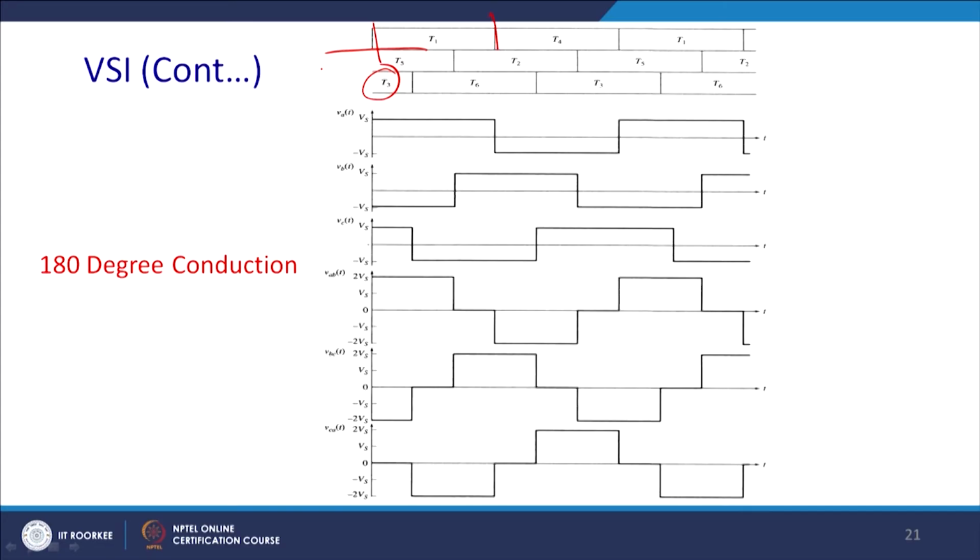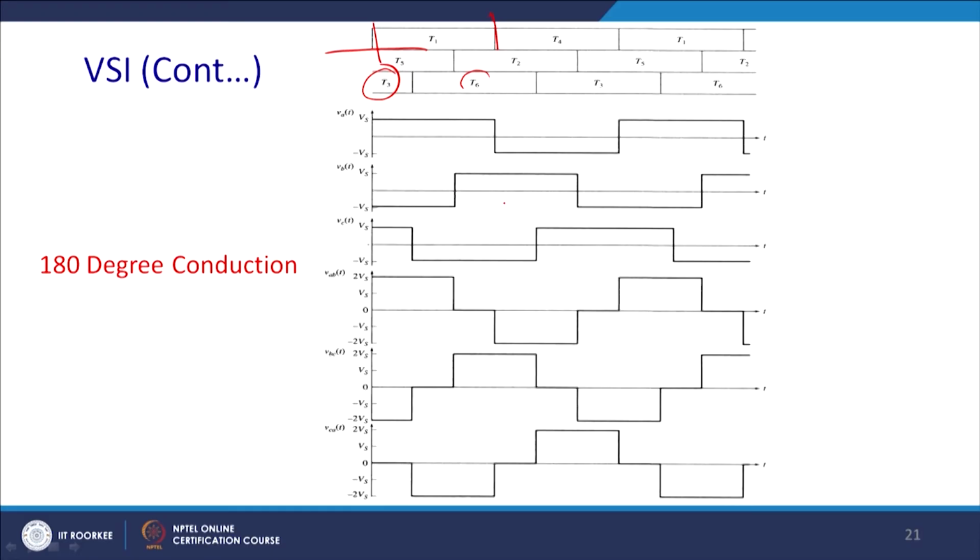So, you can see which devices are conducting in each interval. That is T1, T2, T3. Thereafter T6 comes into the picture, then T1, T2, T6, and subsequently the series will continue.